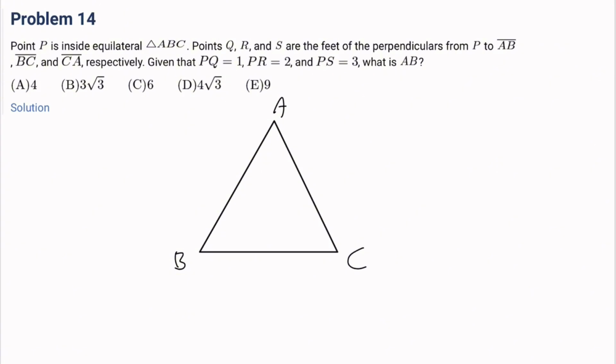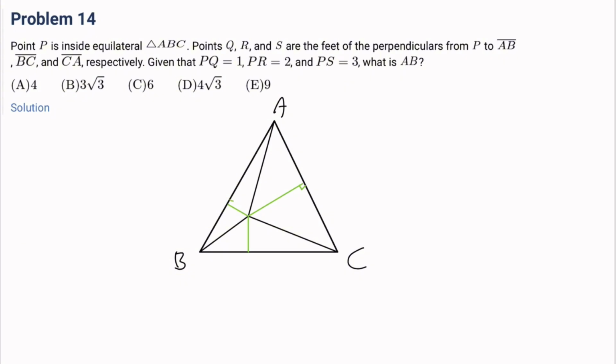And if point P is somewhere here like that, right? Then we know that Q, R, and S are the perpendiculars from P to AB, BC, and CA. So they will be, I'll do this in green, these lines like that, and like that, and like that, right?